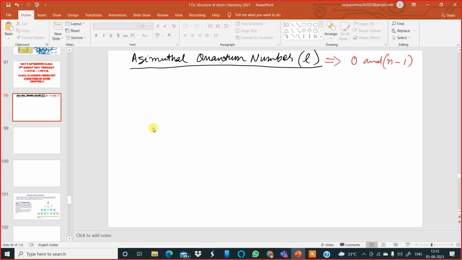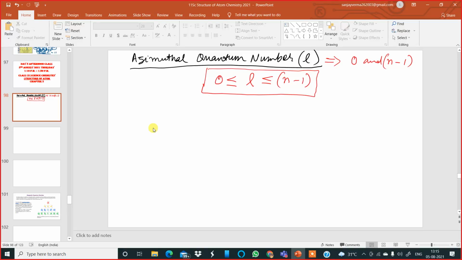There is a relationship which you must try to remember: the value of l, the azimuthal quantum number, lies between 0 and n minus 1, that is, 0 ≤ l ≤ n − 1. If you remember this relationship, then you can easily figure out the different azimuthal quantum number values.